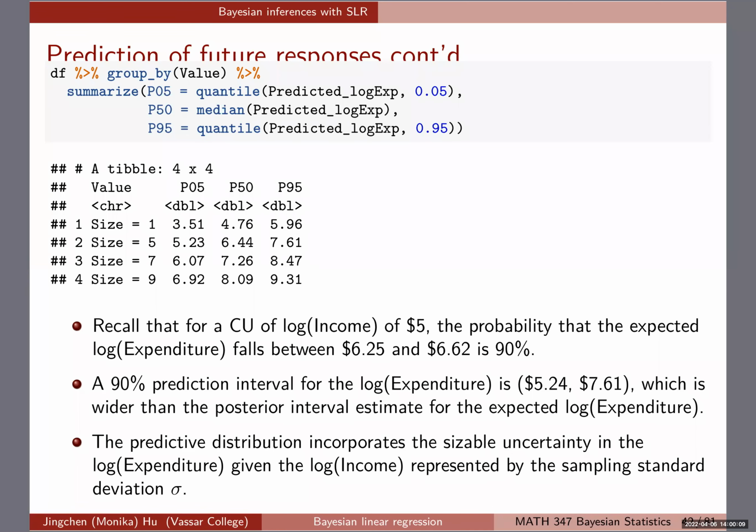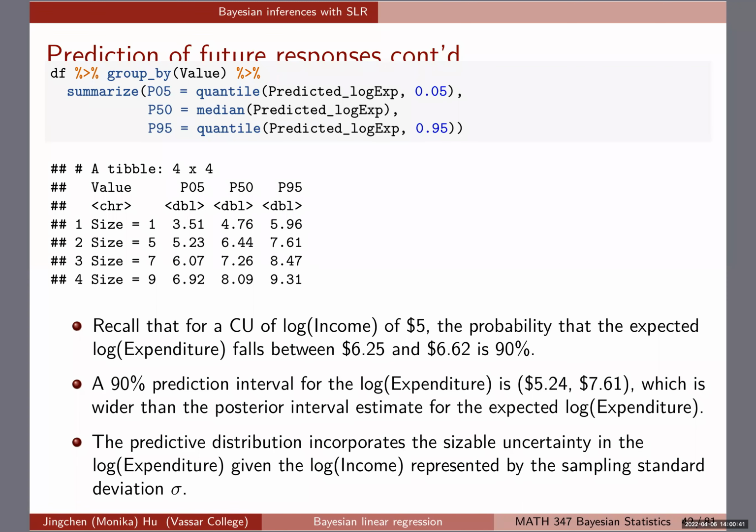So another way to look at why the prediction will have a larger variability is that earlier, for log income of 5 for a consumer unit, a 90% posterior probability, or 90% credible interval, for the expected log income is 625 to 662. But if I do one step further to do the prediction, okay, the prediction actually is going to have a 90% interval of 524 to 761.